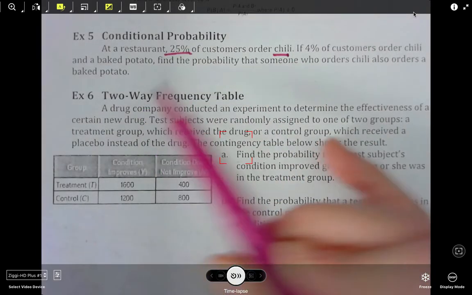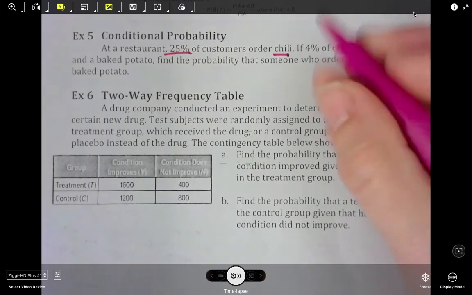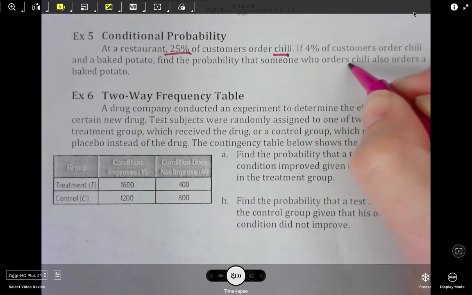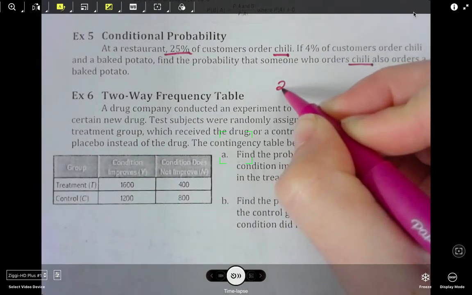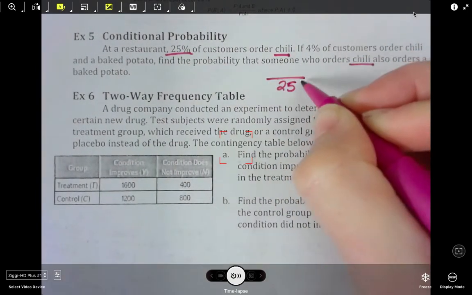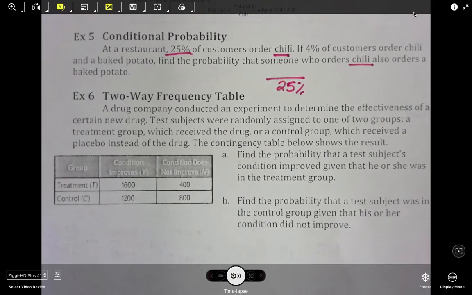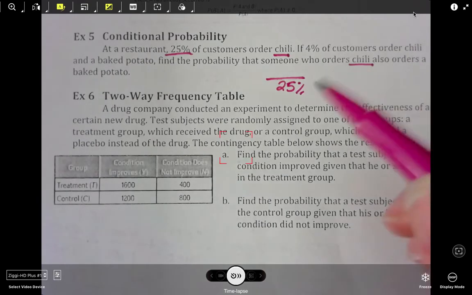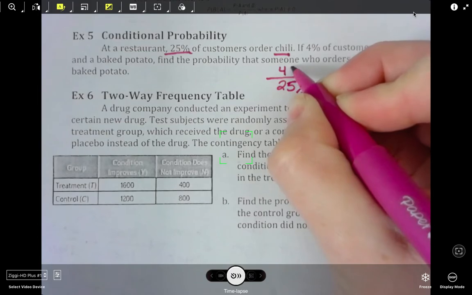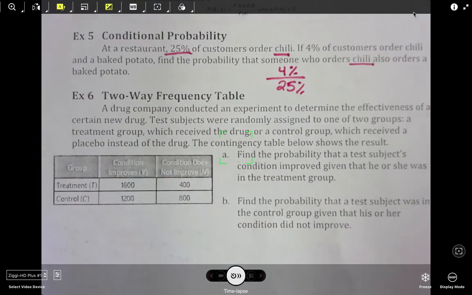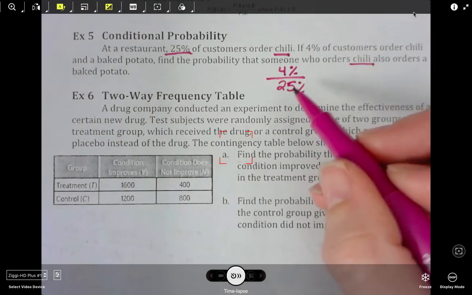I start with the chili part. There's 25% that's ordering chili, and I put that as my bottom number because that's like my total. We're talking about the total people who order chili, and then we're saying also order a baked potato. So now we're focusing in on the top number and figuring out how it relates to the total 25%.